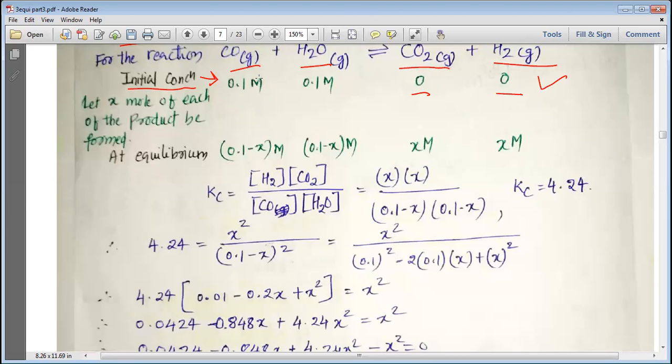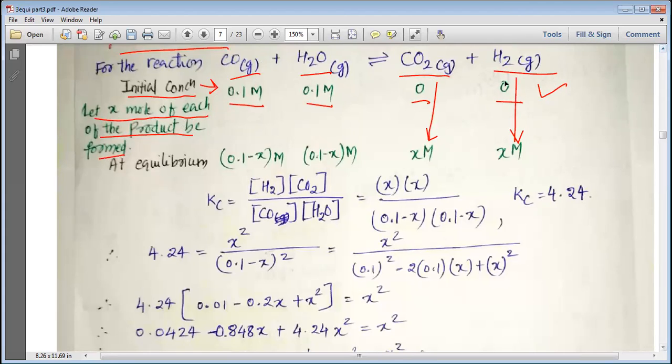Initially we have 0.1 molar of CO and 0.1 molar of H2O. Now what happens? Let X mole of each of the products be formed.